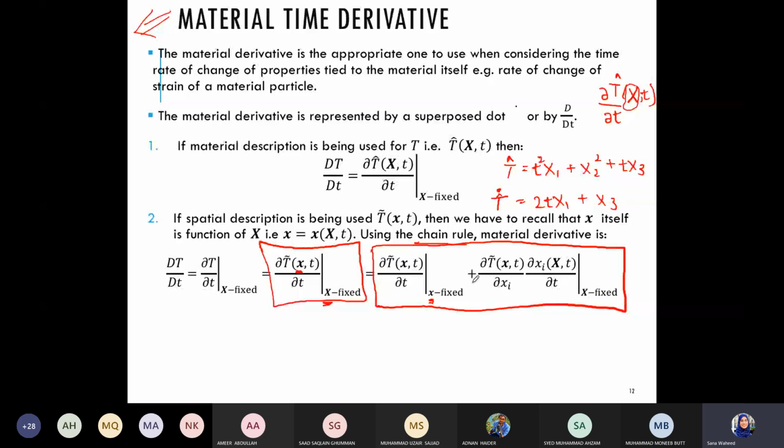To be comfortable with this mathematically, if you are uncomfortable right now, please do look at the chain rule for multiple variables.